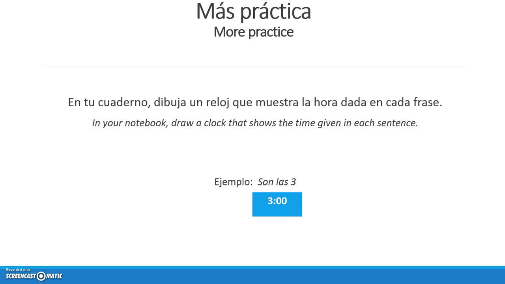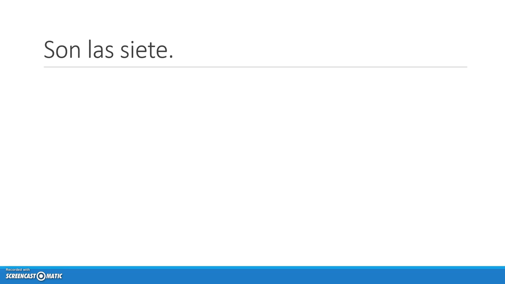Más práctica. En tu cuaderno, dibuja un reloj que muestra la hora dada en cada frase. So now you're going to draw the clock that shows the time given in each sentence. For example, if I tell you son las 3, draw a clock that says 3 o'clock. Son las 7. Son las 2 y 15.